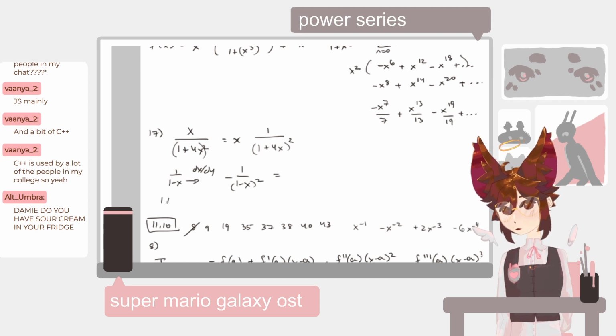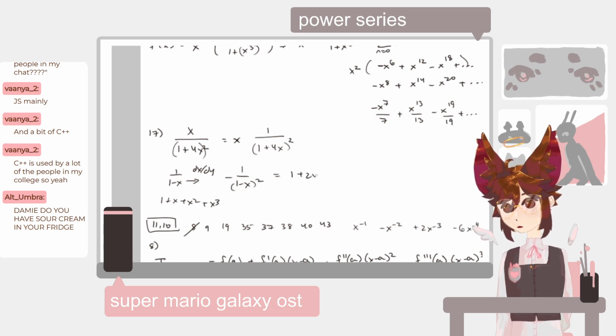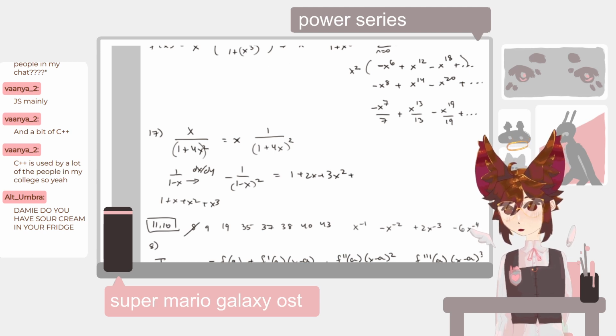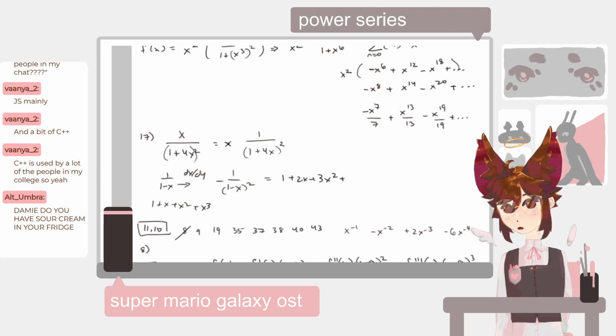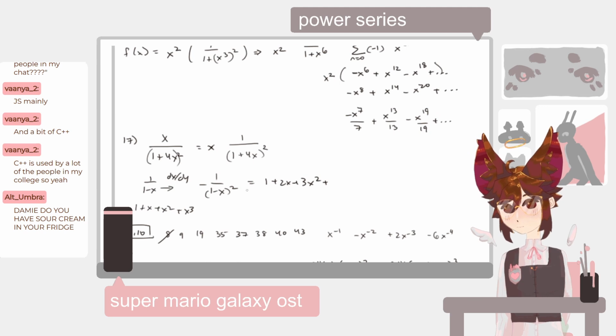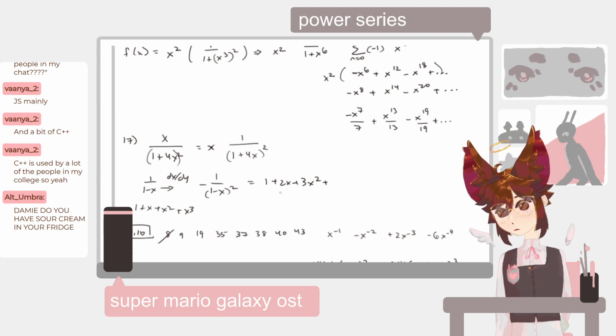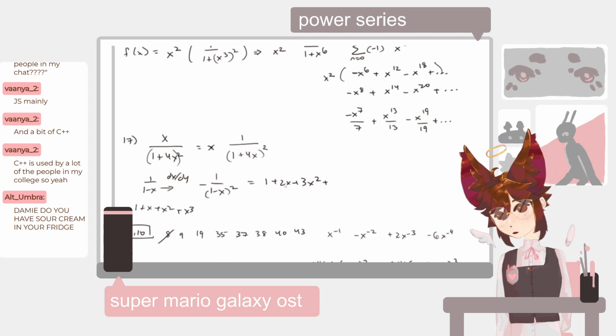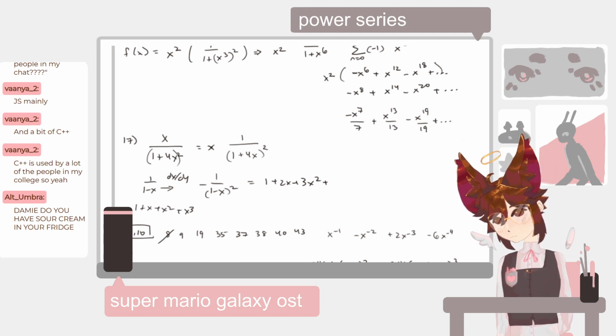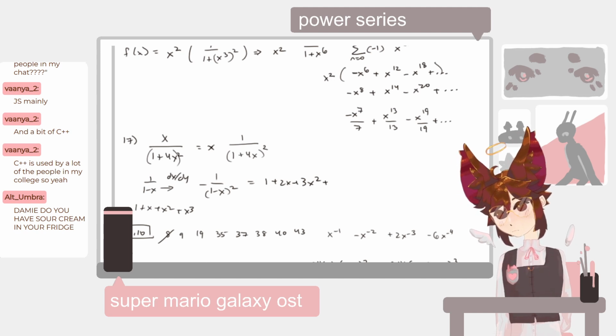From this, that'd be 1 plus x plus x squared plus x cubed, etc. This is 1 plus 2x plus 3x squared plus... So if you have 1 minus that, then you shift the n over 1 and multiply it by n minus 1, I think? Yeah, by n minus 1. And plus 1.